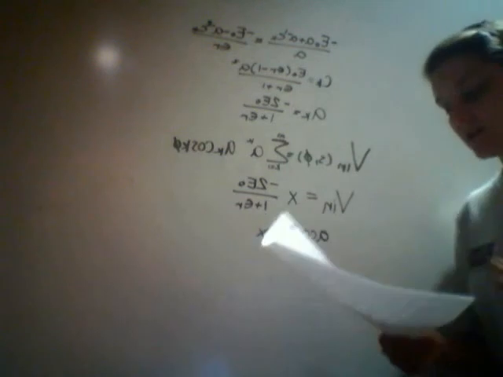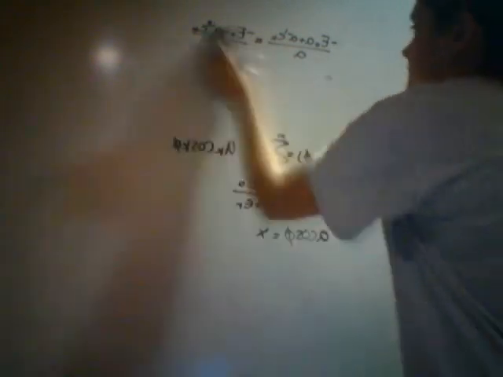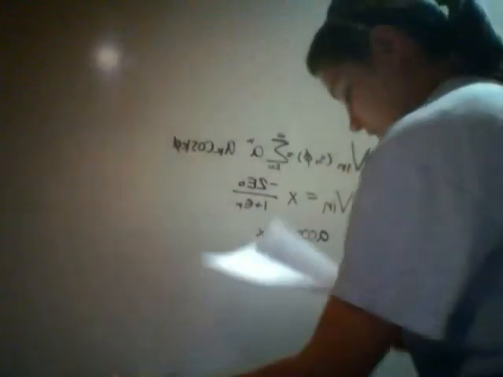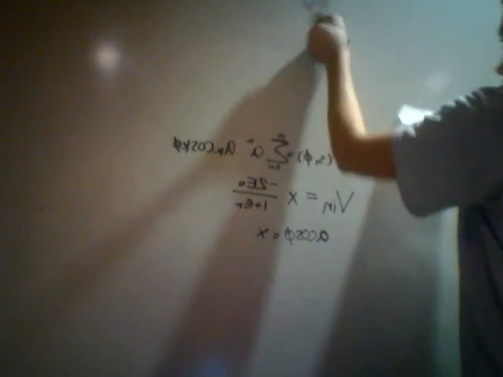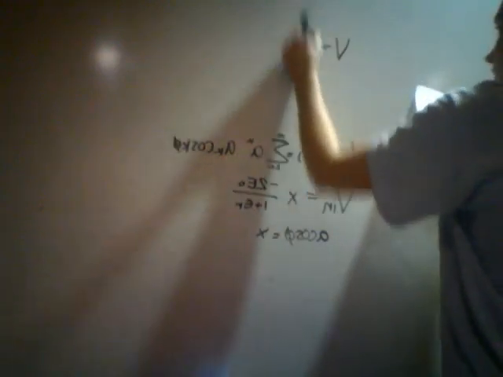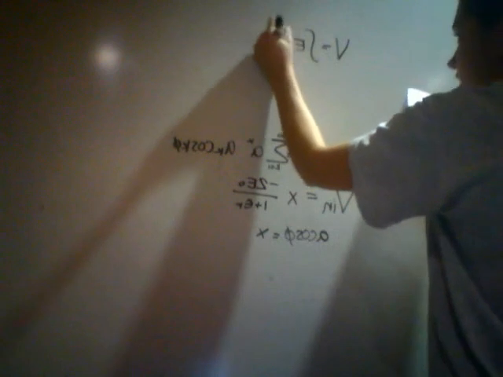And the question asks for the remaining field. So in order to solve for field, it comes from this equation here, and the potential is equal to the integral of E dot dl.